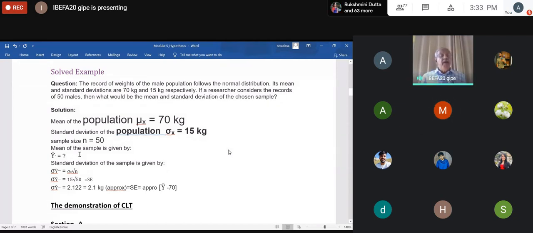Arithmetic mean is y bar and the question is only for standard deviation. And standard deviation is sigma by root n, 15 by root 50, that comes out to be 2.122. The meaning: if I choose 50 males, their average weight will deviate from 70 not more than 2.1 kg, either left of 70 or right of 70.